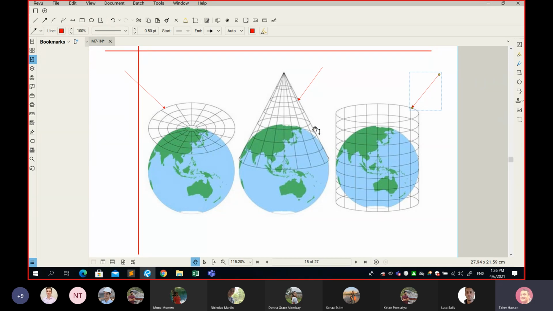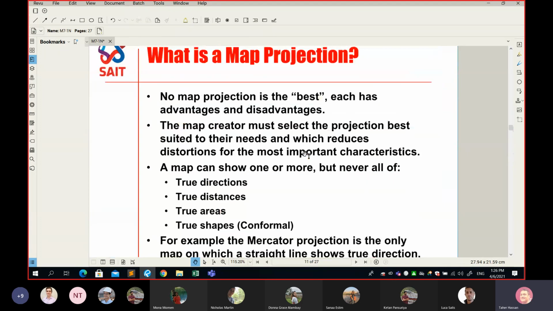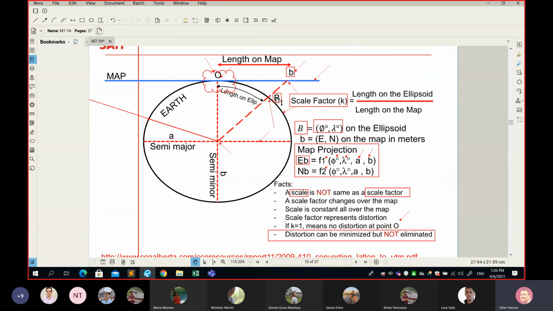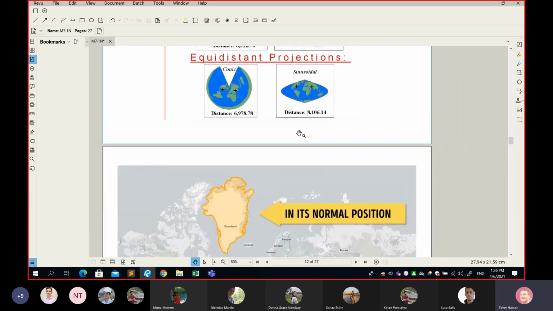For example, in conical, we get one cone and make it tangent to our ellipsoid. We choose the center of the projection and connect to the point on the earth where we know the phi and lambda, extend the line until it meets the cone, then unfold the cone. This gives you your map.